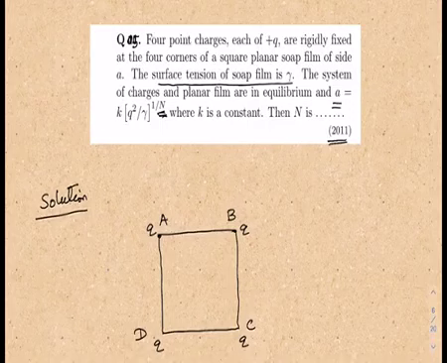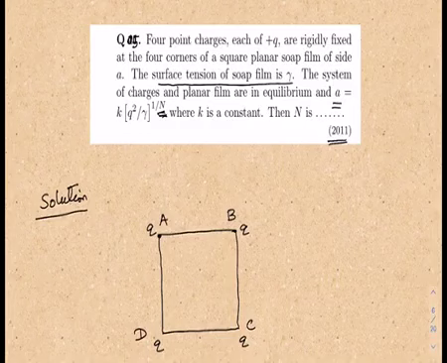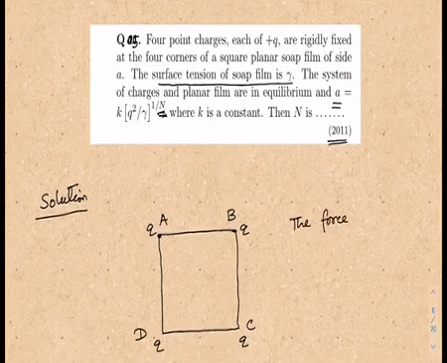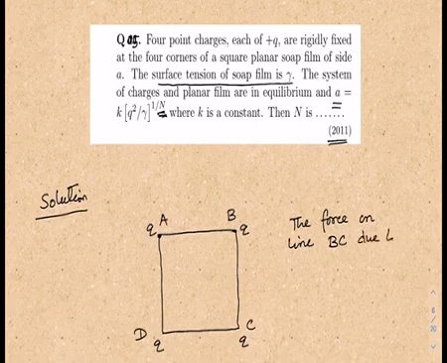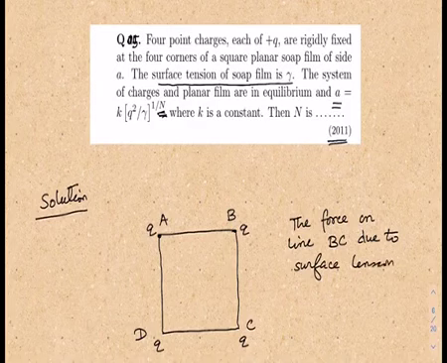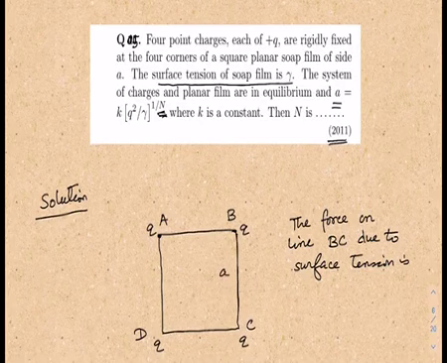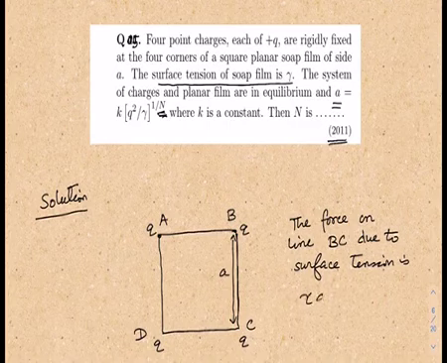So if I look at the side, say BC, the force on line BC due to surface tension is, because this is A, this is A, simply gamma A, and it would be along this direction.